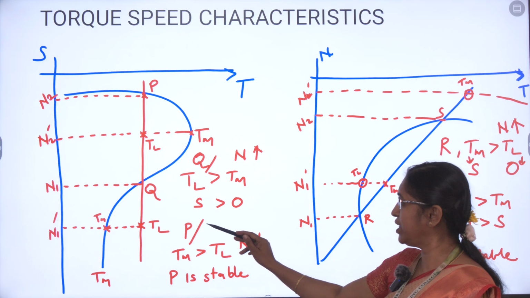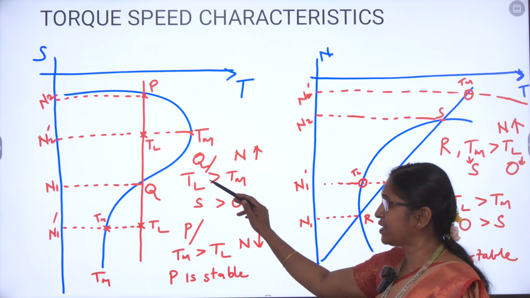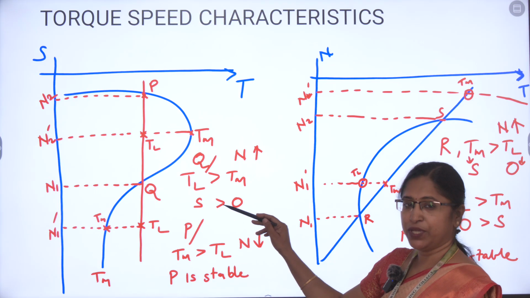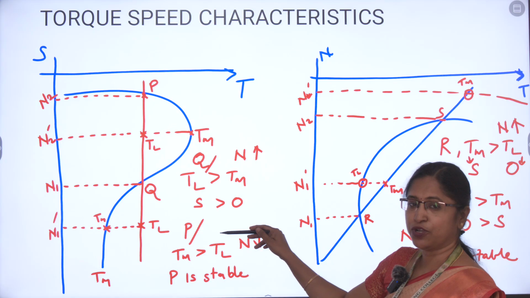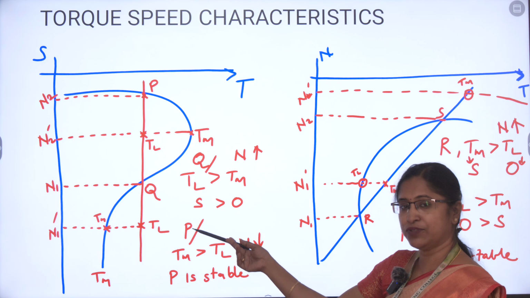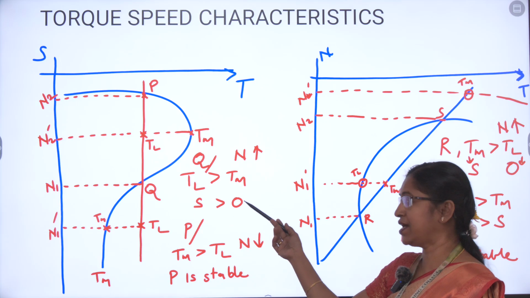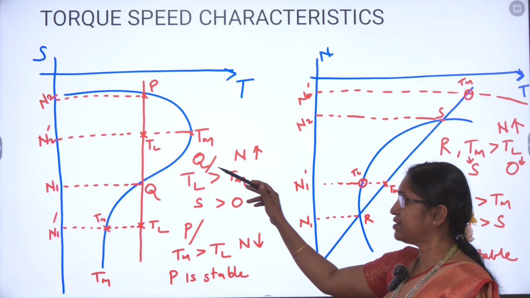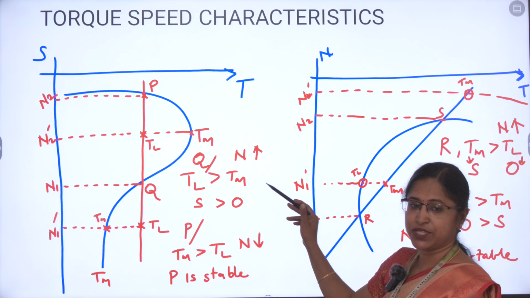Here your load torque acts as a supporting factor because it is in the positive axis. The motor torque is in the negative value, so it is the opposing force.